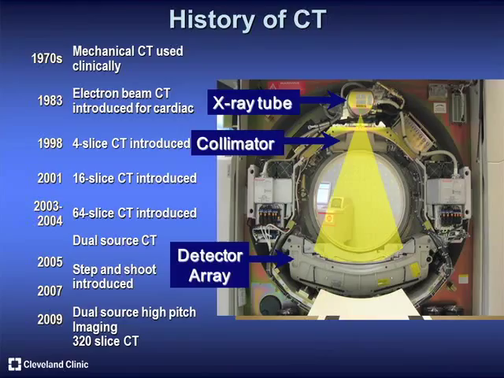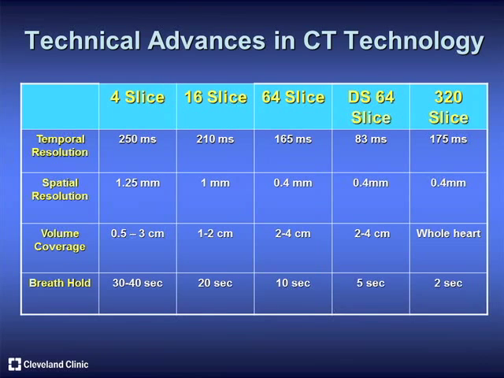And within a span of a decade, this technology has evolved tremendously, and we can do now a lot of things with a lot of new data emerging, which is both exciting as well as intriguing and calls for future work. So what are some of the technical advances in terms of CT?